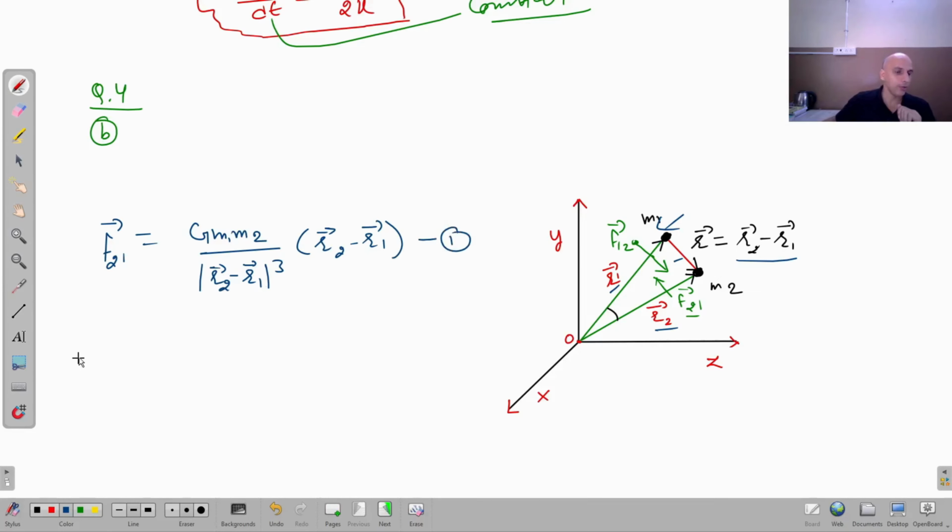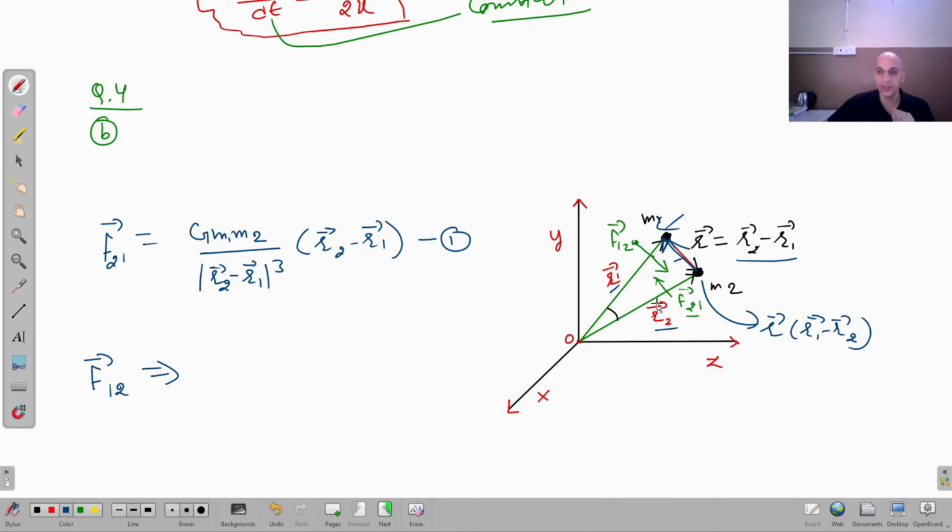Similarly, I can write down the expression for F12. Now when I am writing F12, I have to look from here. In that case, r will become r1 minus r2, because now when I am looking from here, this will be the direction of this vector.